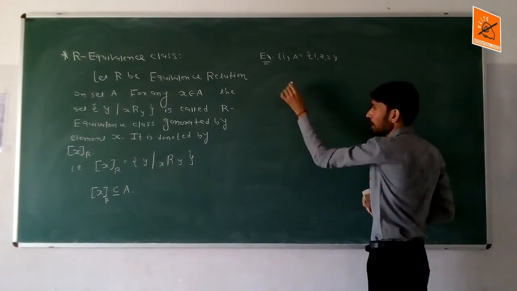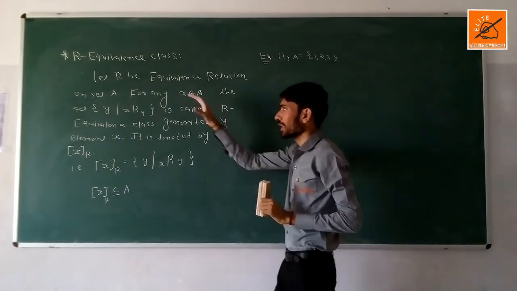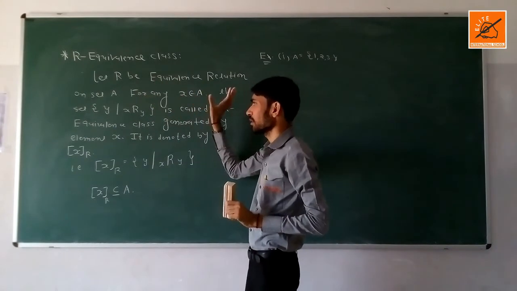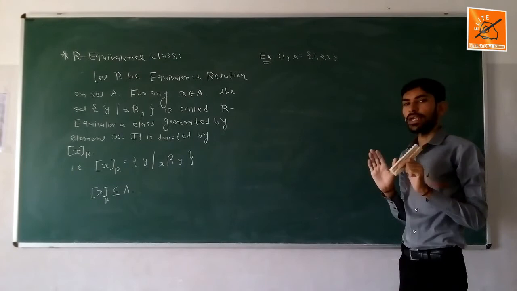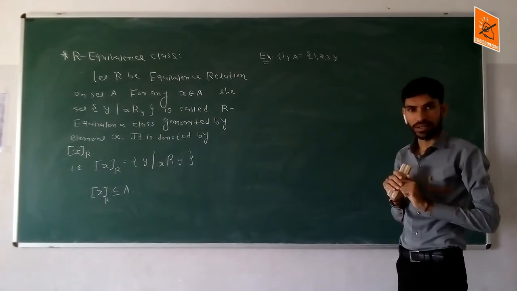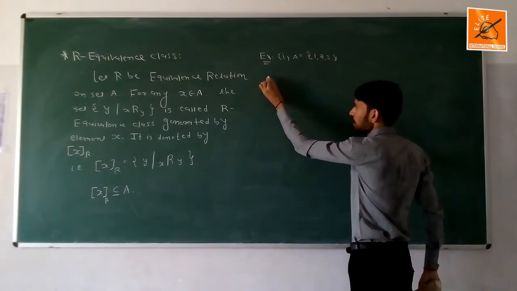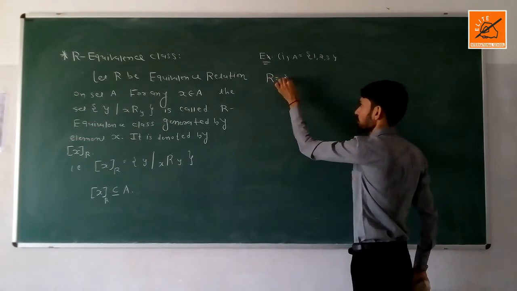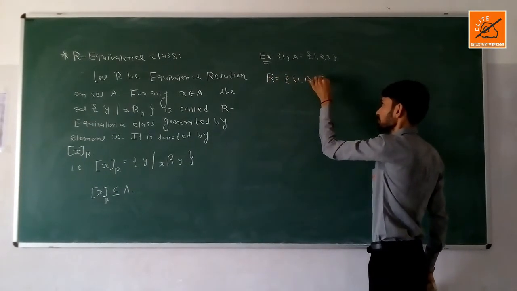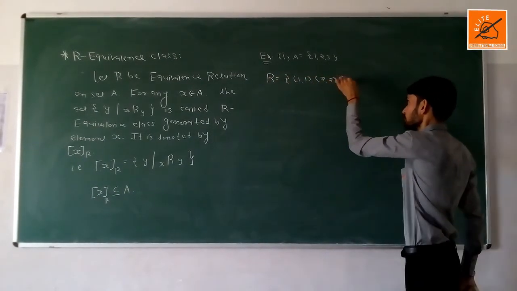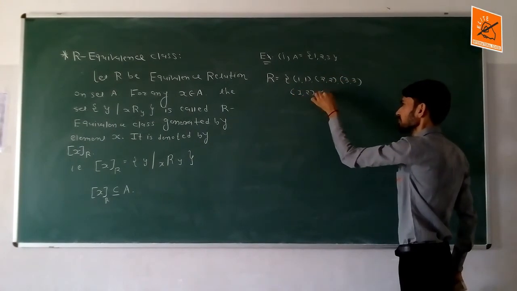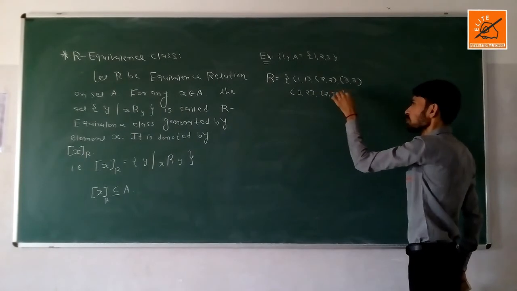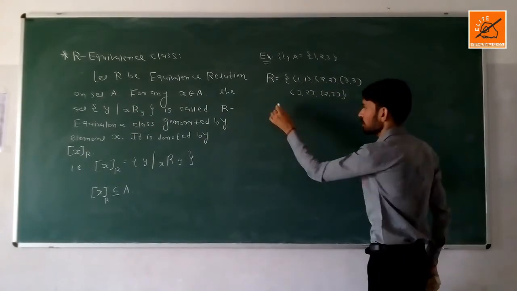First of all, we define that our relation is an equivalence relation, since equivalence classes are found only if your relation is an equivalence relation. So relation R is an equivalence relation.